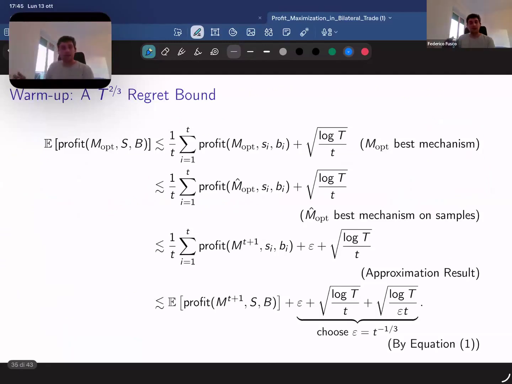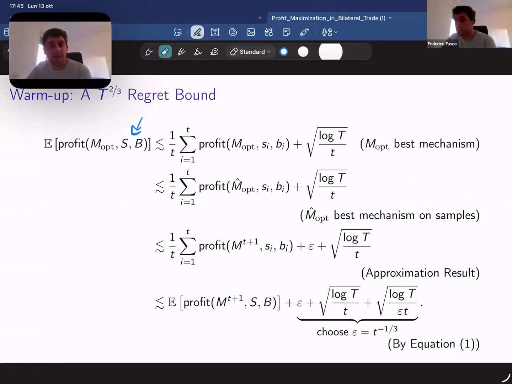Now, let's see how this sample complexity would help me. The performance of the optimal mechanism is well approximated by its empirical profit. Why? Because it's just one mechanism, so we can always assume that we learn it and we lose like log t over t. Okay, fantastic.